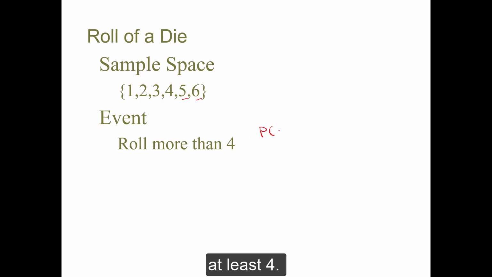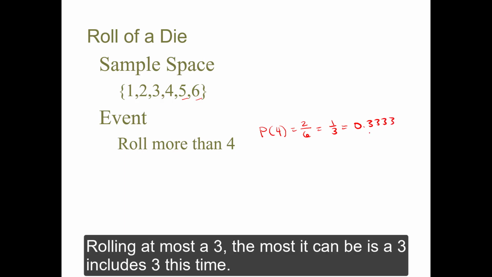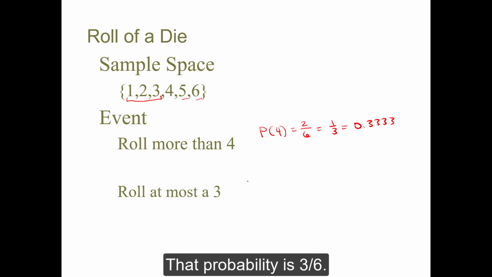So that's 2 over 6, which is 1/3, or 0.3333 to 4 decimals. Rolling at most a 3, the most it can be is a 3, so that includes 3, right? So that probability is 3 out of 6, because there's 3 values out of 6, which is 1/2, or just 0.5. Half of the numbers are at most a 3.